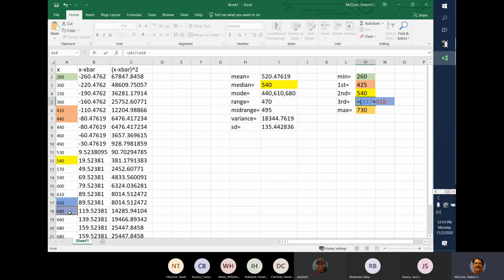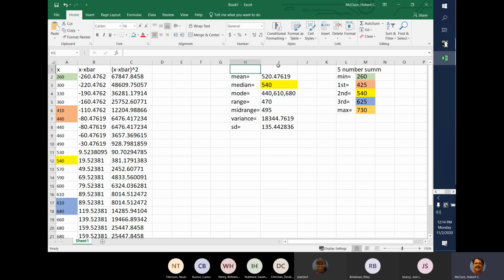That number divided by 2. And there, this right here, you want to know what this is called? This is called the 5-number summary. That's what that's called, 5-number summary.